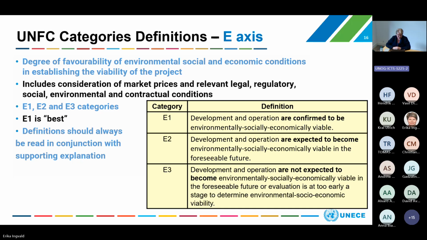So this axis includes consideration of market prices and relevant legal, regulatory, social, environmental, and contractual conditions. And when you do your classification, you should always do that, and they should be read in conjunction with the supporting explanation.